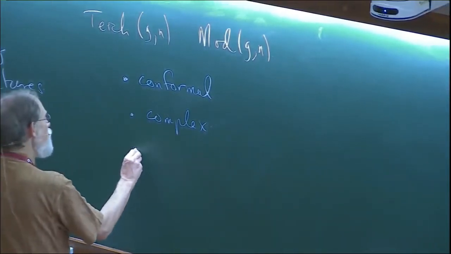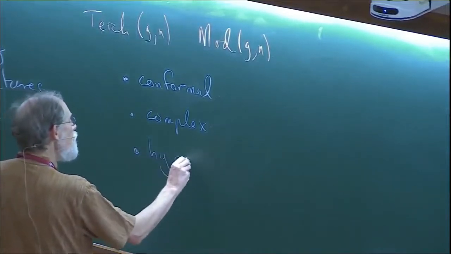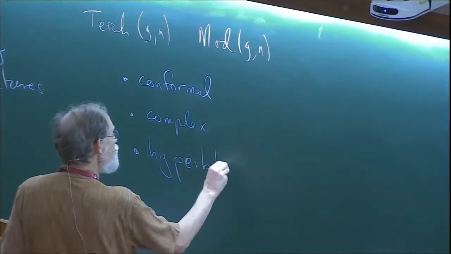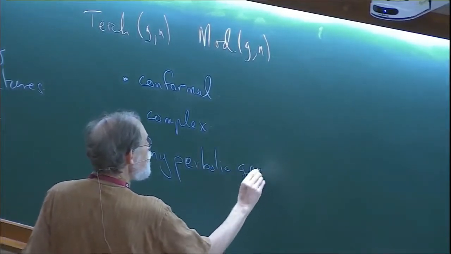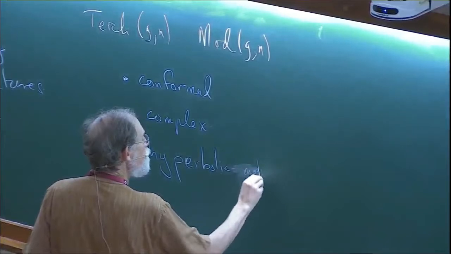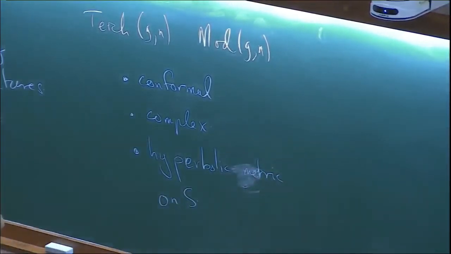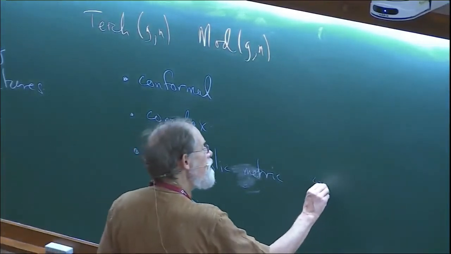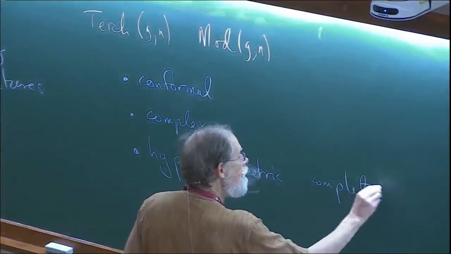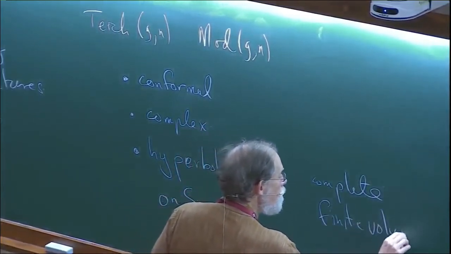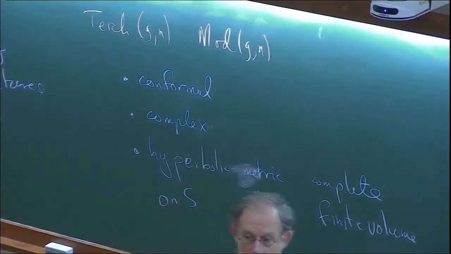And the third structure, which I'll say somewhat more about today, is hyperbolic structure. So hyperbolic metric on S. And the sort of hyperbolic metric that you're interested in should be complete, and it should have finite volume. The finite volume condition is relevant if you've got punctures on the surface.